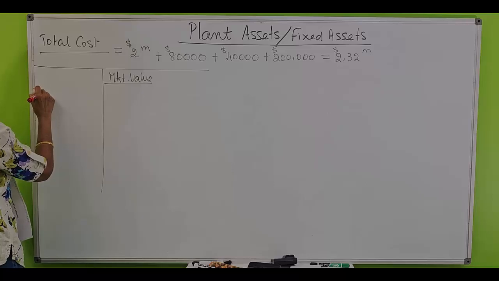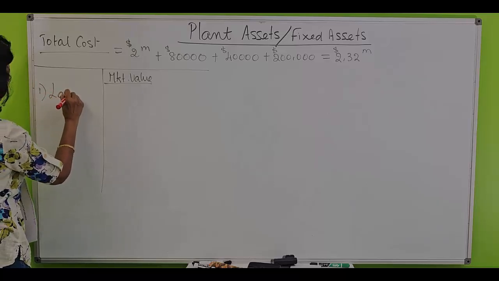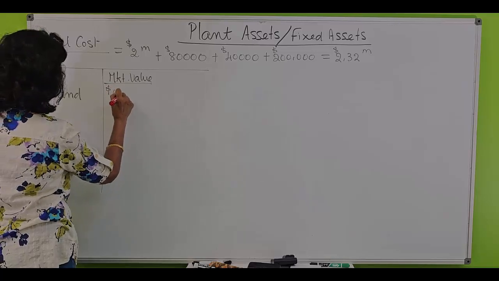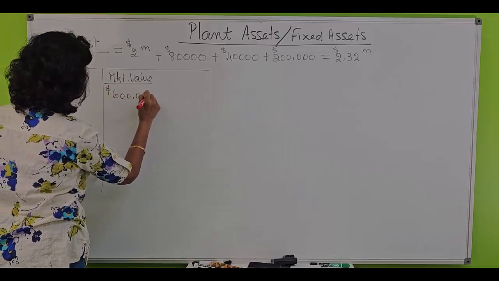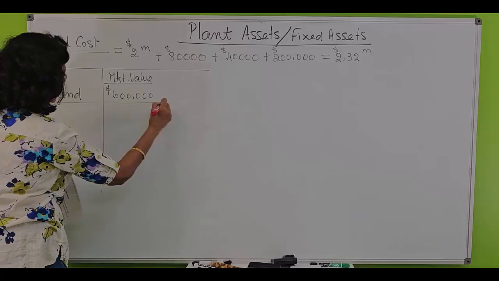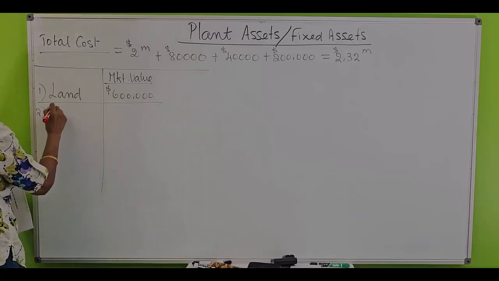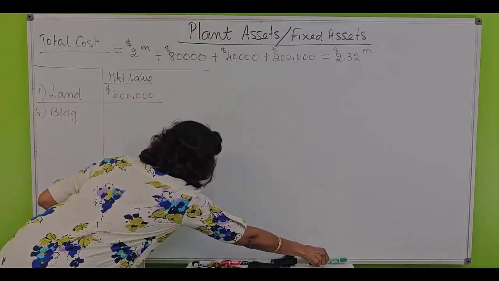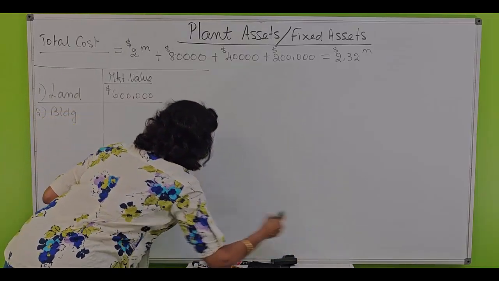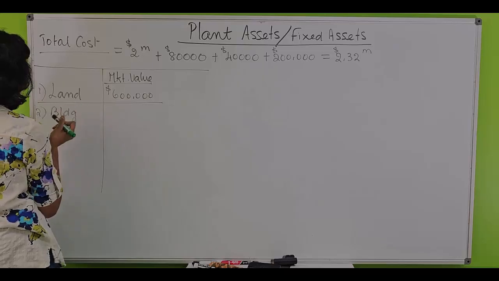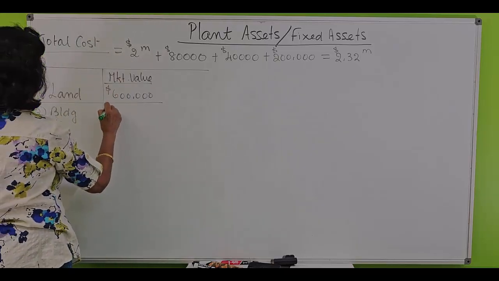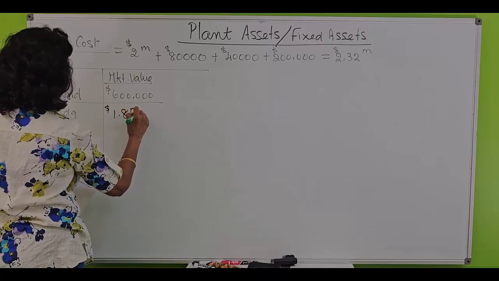So first for the land, the market value is $600,000 and the factory building has a market value of $1.8 million.